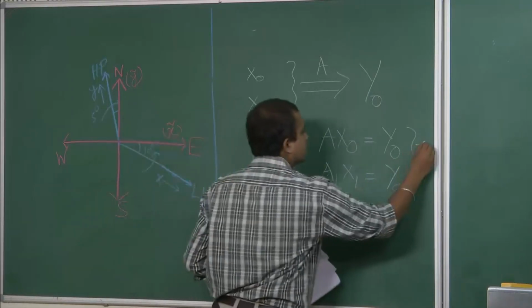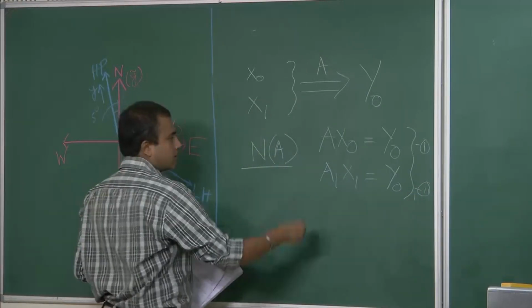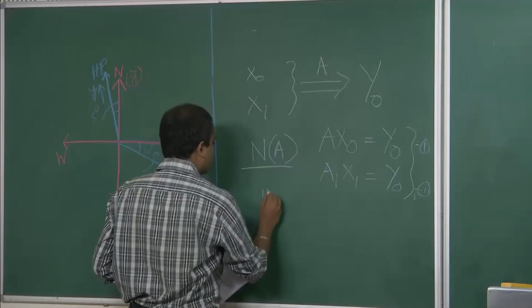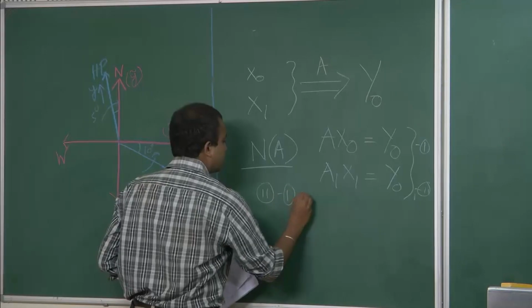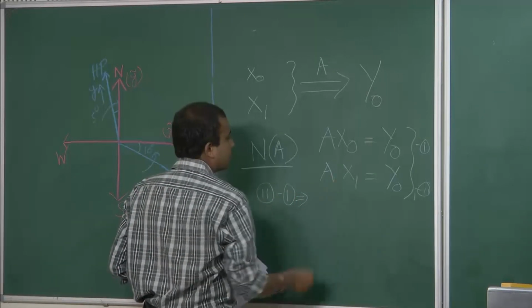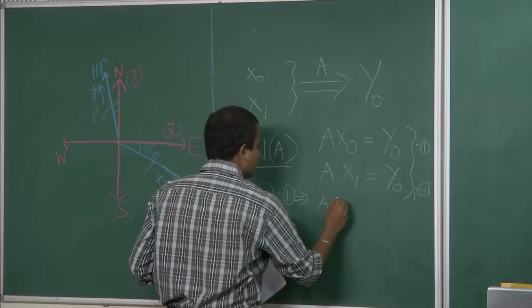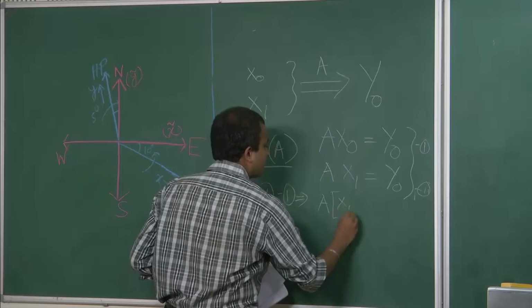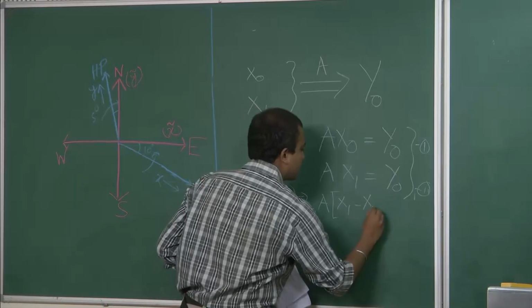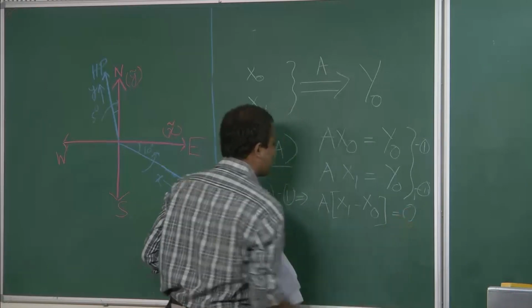Now if you subtract 1 from 2, so 2 minus 1, will give me A of x1 minus x0 equal to 0.